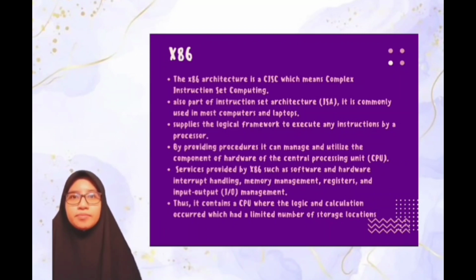By providing procedures, it can manage and utilize the hardware components of the central processing unit. The services provided by X86 include software and hardware interrupt handling, memory management, and register and input-output management. It contains a CPU where the logic and calculation occur, which has a limited number of storage locations.